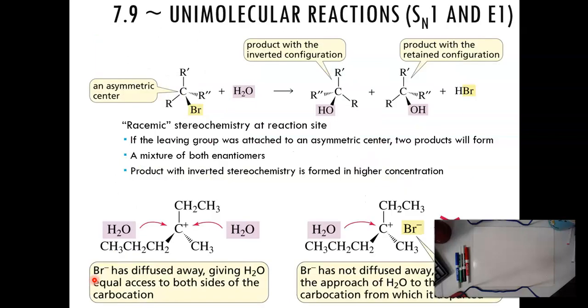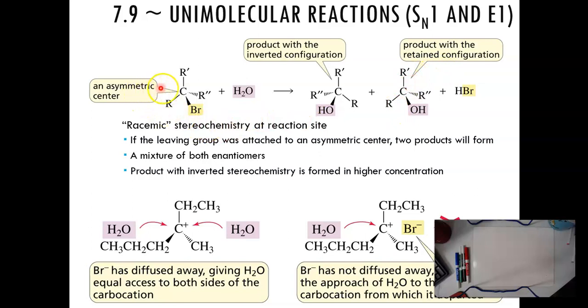So here is our stereochemistry for our SN1 reaction. If we are starting with a chiral center, when our leaving group leaves, our intermediate, our carbocation, is going to be trigonal planar. So when our nucleophile attacks, it can attack from the front side, and we will end up with the same stereochemistry we started with, and we say that this has retained stereochemistry.